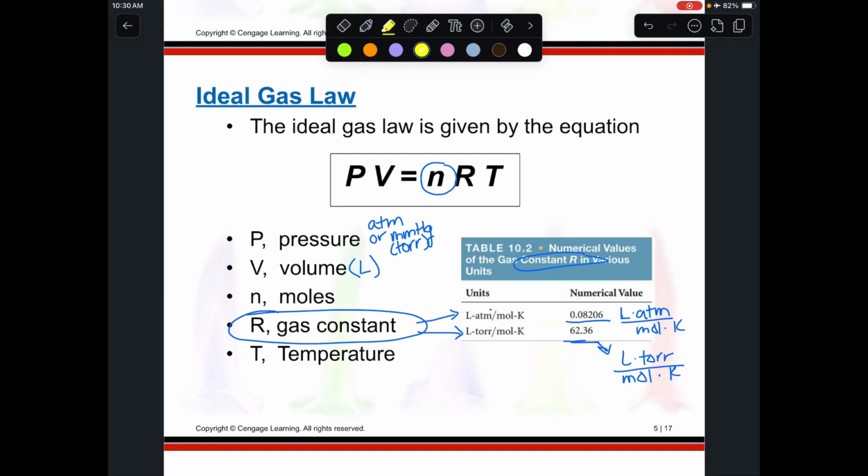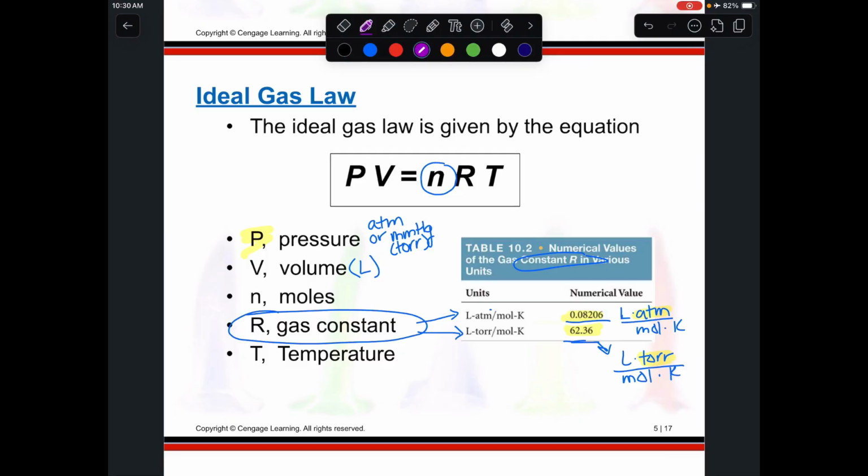Torr or liters is the same, moles are the same, Kelvin is the same, which we know we can't do anything about that one. So this 0.08206 is if your pressure is in ATM in the problem, or you convert it to ATM, or we have this second R value if your pressure is in torr.